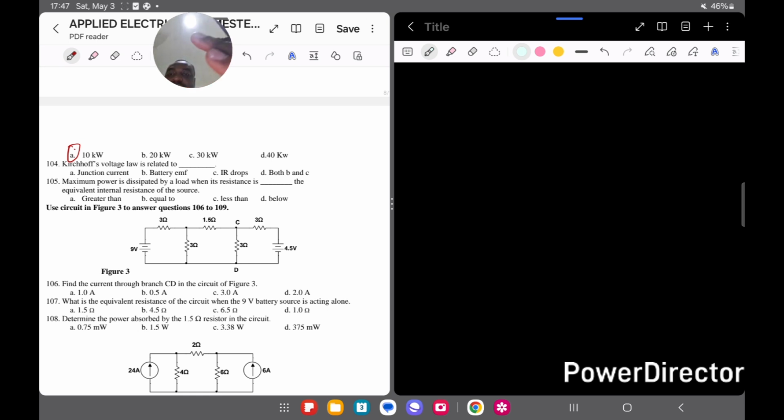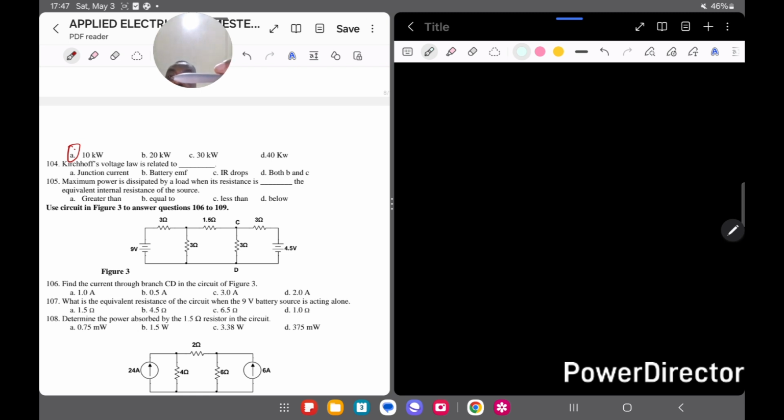It says that the algebraic sum of voltages in a closed loop is equal to 0, right? So you can see the law relates to one of these. A, junction current, no. B, battery EMF, right? Because if you have battery EMF, the sum is supposed to be 0. Okay, so this could be.